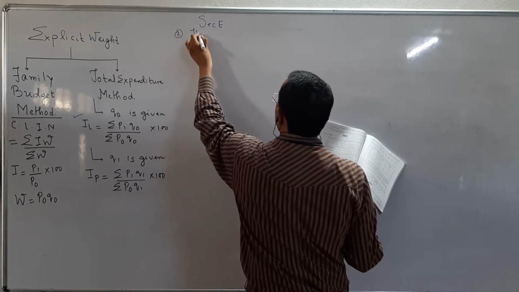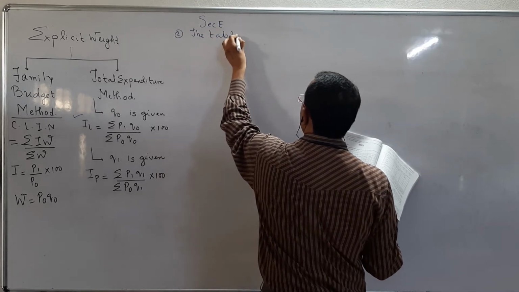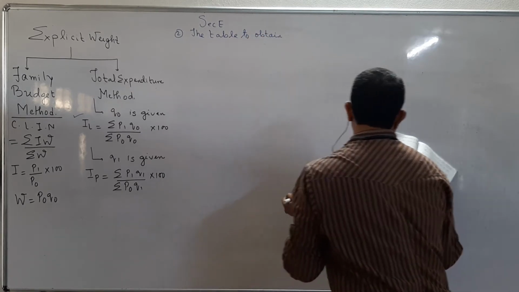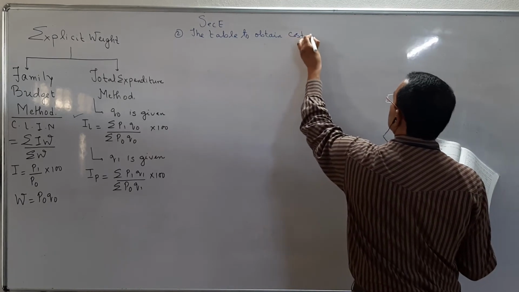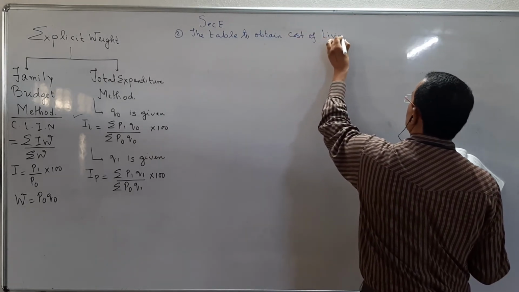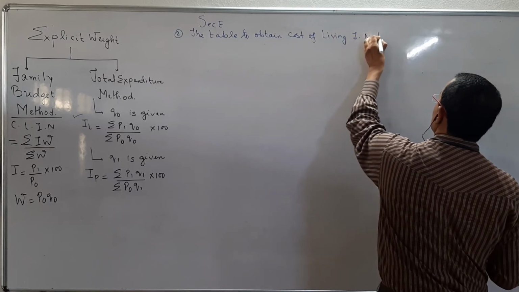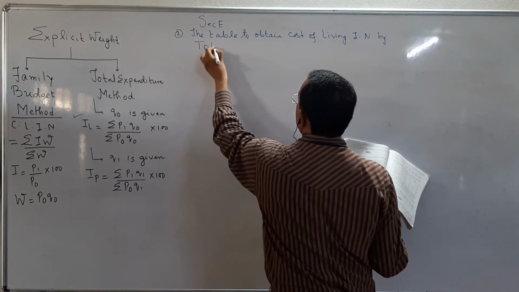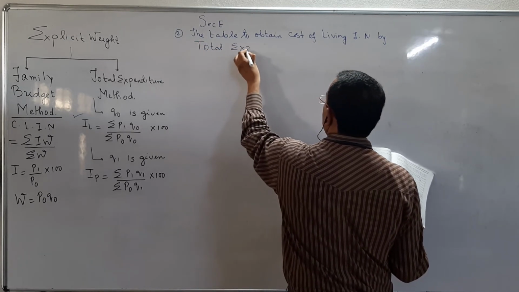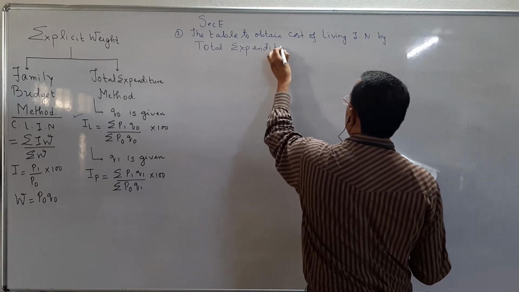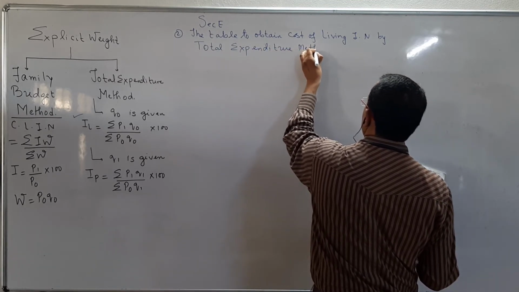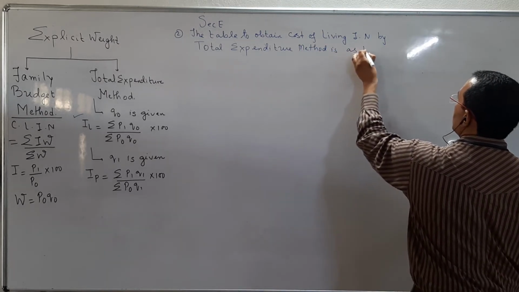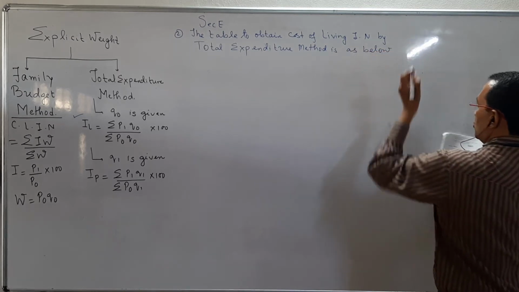So I start with the table to obtain cost of living index number by total expenditure method is as below.